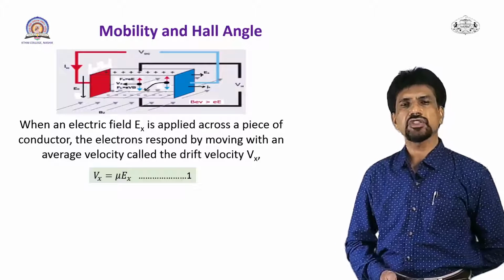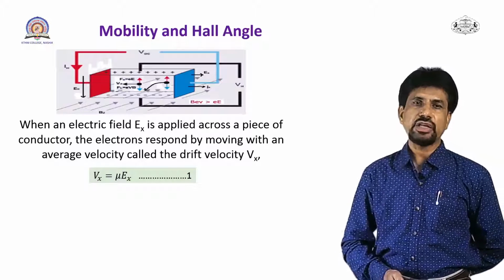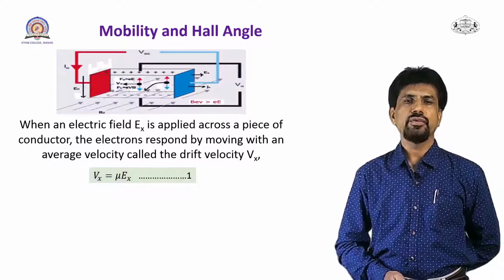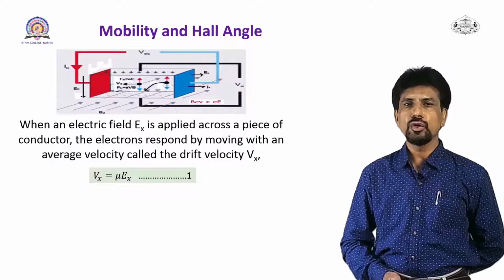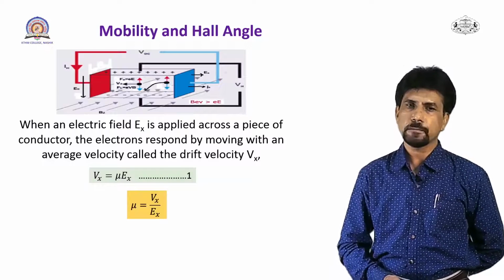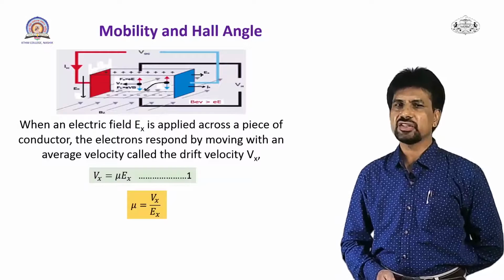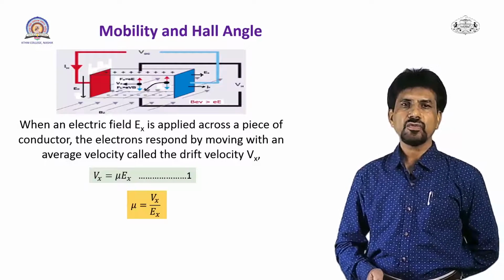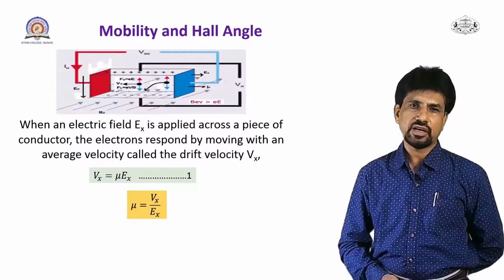Therefore, we can express the drift velocity in terms of the mobility and the electric field. So Vx is equal to mu into Ex. Here mu is the mobility of the charge carriers and Ex is the electric field between the two ends of the conductor.